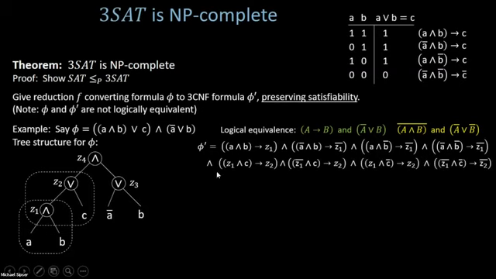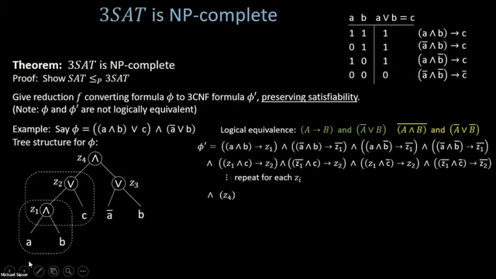So I'm going to write down those rules for specifying how Z2 must be set. And each one of these is going to get converted into clauses with 3 literals using these rules over here. So I'm going to do that for each Zi.